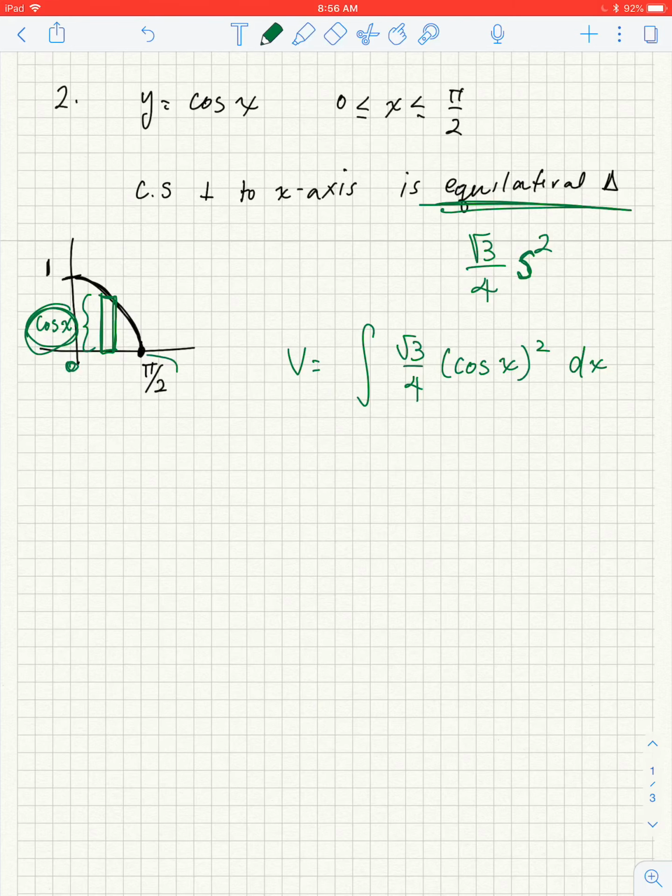And the interval is from 0 to pi over 2. And then this one is possible if you use like maybe your double angle formula. You can work through it without a calculator, but it does take a lot of time. So here the answer would be 0.34, okay? All right.